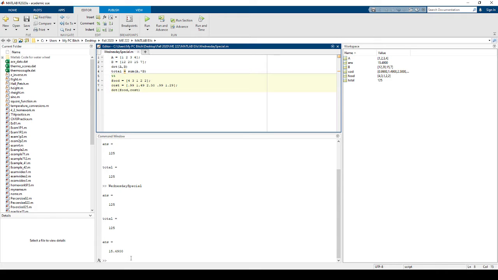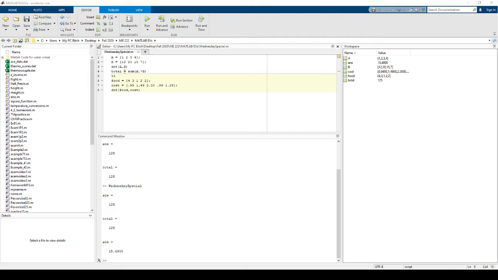Nope. Here it is. If somebody beats me to it, you're more than welcome. It was inside of a drawer next to me. So 4 times 0.99 plus.